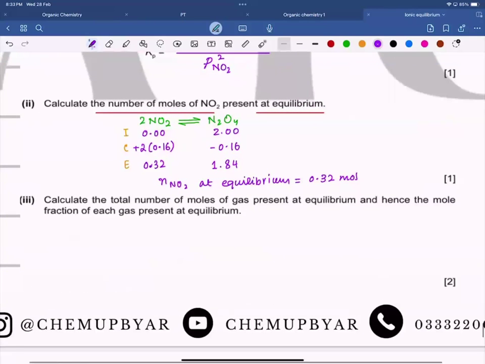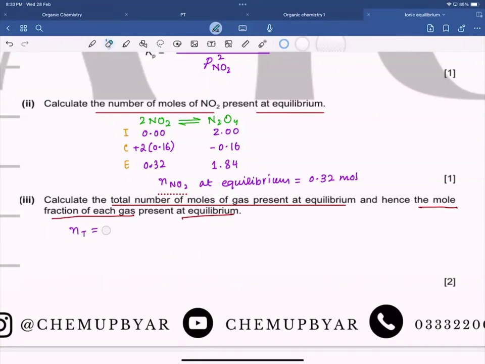Now what they are saying: calculate the total number of moles of gases present at equilibrium and hence the mole fraction of each gas present at equilibrium. So if I go for the total moles, then the expression would be total moles equals moles of NO2 plus moles of N2O4.